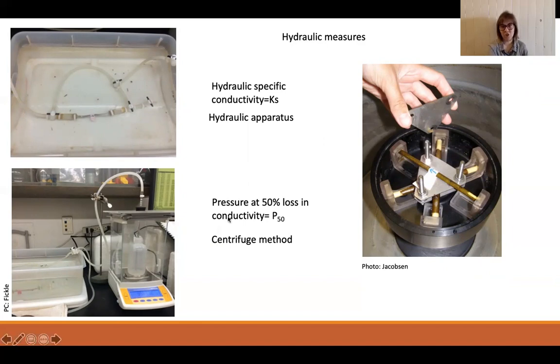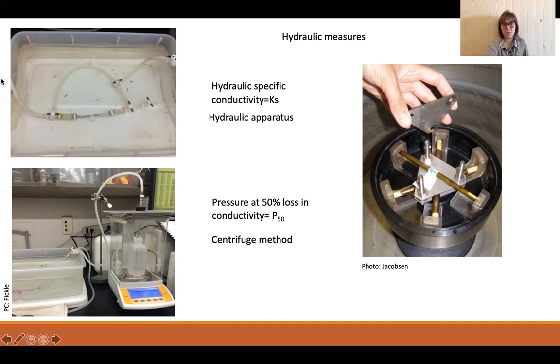I also measured the pressure at 50% loss in conductivity, or P50, using the centrifuge method. I would measure the hydraulic conductivity, and then I would put it in the centrifuge, and the centrifuge simulates drought conditions. It pulls on the water column within a stem or a root, and it creates these little emboli within them.